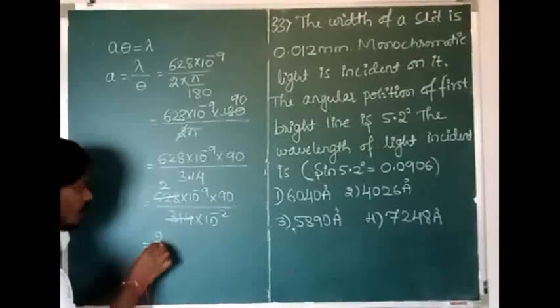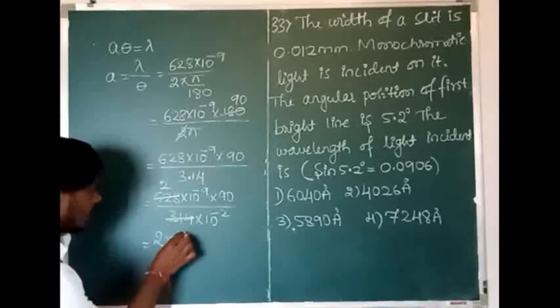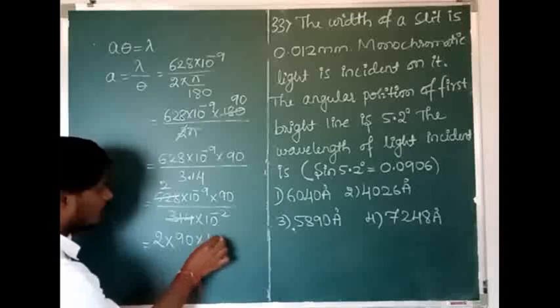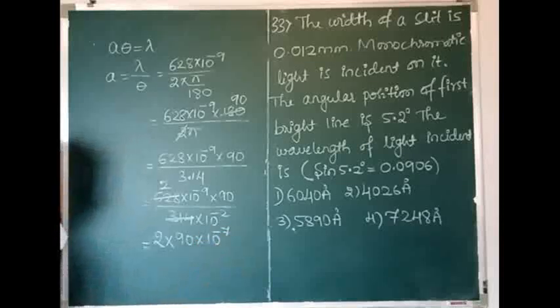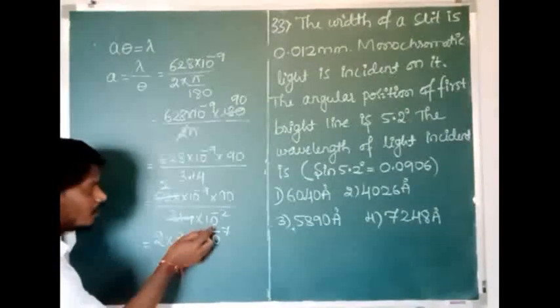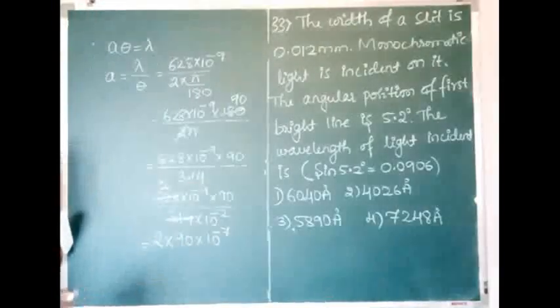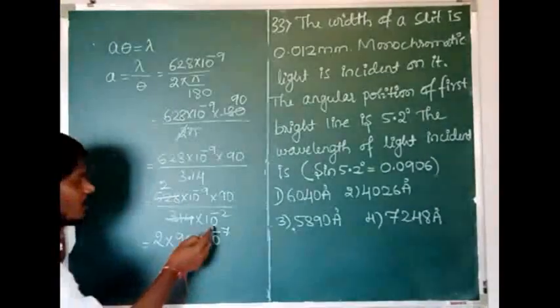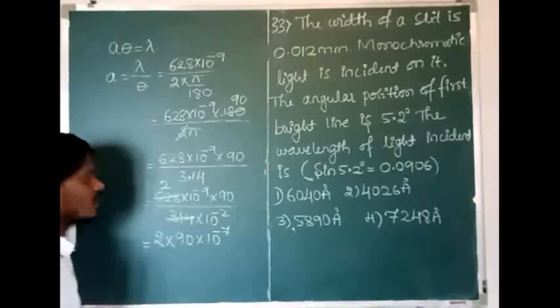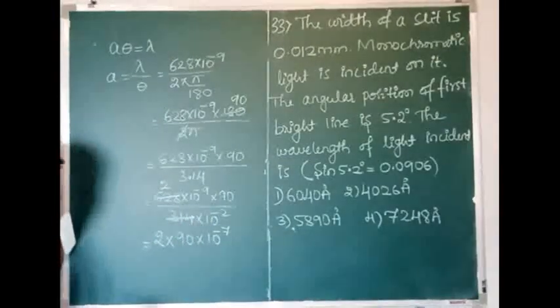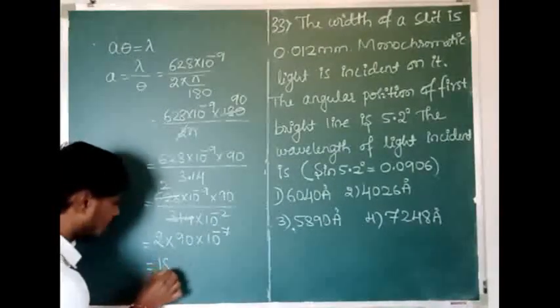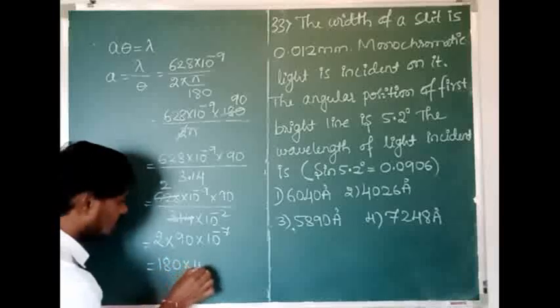Then it is 2 into 90 into 10 to the power of minus 7, because I will take 10 to the power of minus 2 to the numerator, that becomes 10 to the power of plus 2. 10 to the power of plus 2 into 10 to the power of minus 9 is 10 to the power of minus 7. It is 180 into 10 to the power of minus 7.